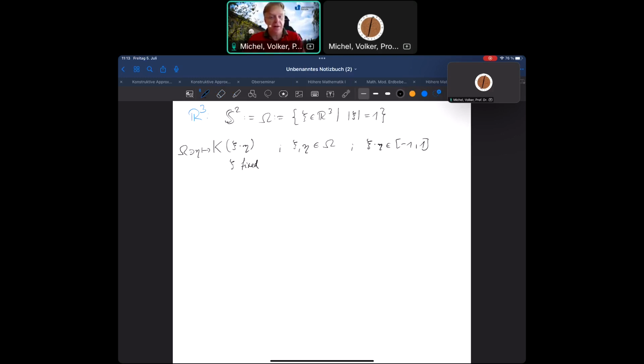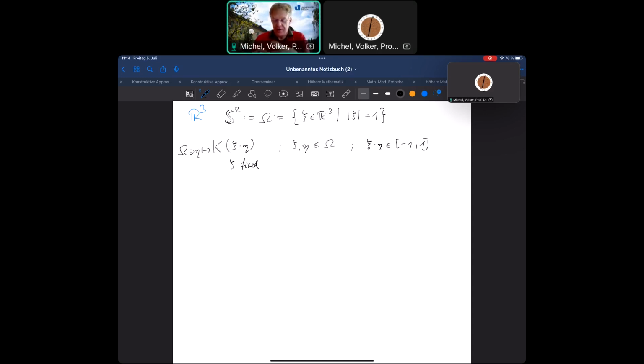You could do it vice versa, it doesn't matter. So it's a function depending on an inner product of 2 points on the unit sphere. One is a fixed point, and we consider it as a function of the other point. In that case, it's eta. That is the variable here. So why is that a radial basis function?